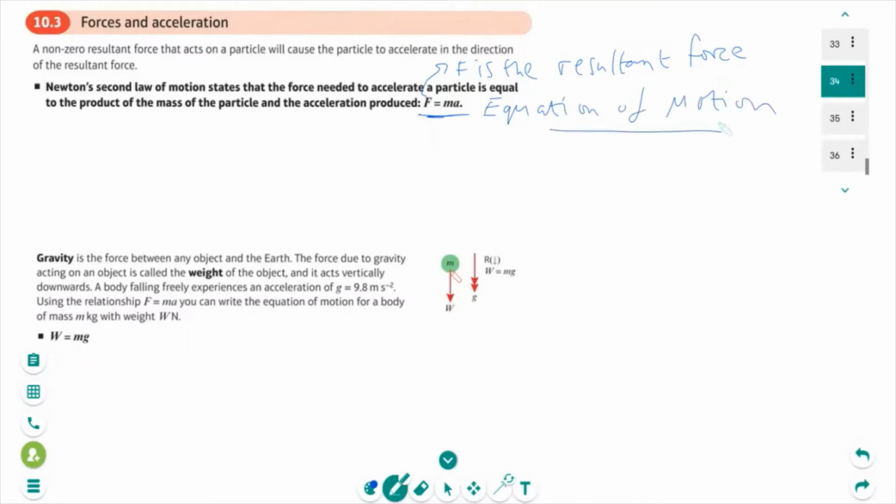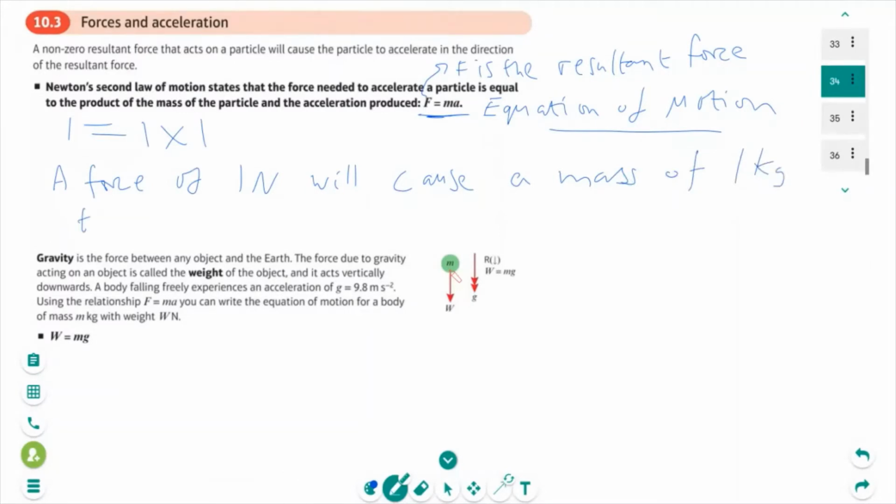Okay, so for the simplest case, if F equals 1, m equals 1, and a equals 1, what this is saying is that a force of 1 newton will cause a mass of 1 kilogram to accelerate at a rate of 1 meter per second squared.